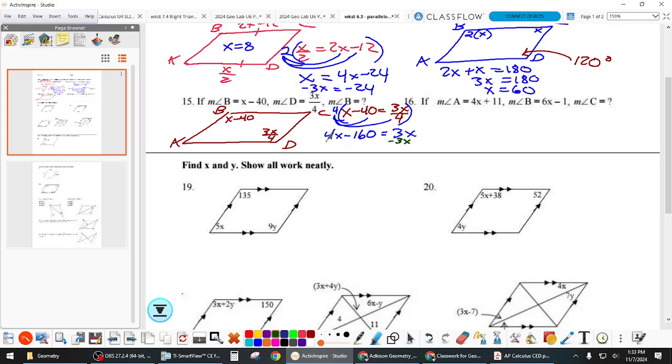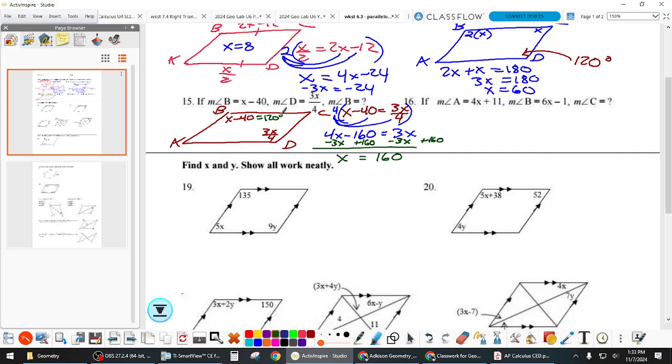I would subtract 3x to get x, and I would add 160 to both sides, and then in one line you get done. So x is just 160. Alright, it asks for angle B. 160 minus 40 is 120. Don't forget to go plug it back in.